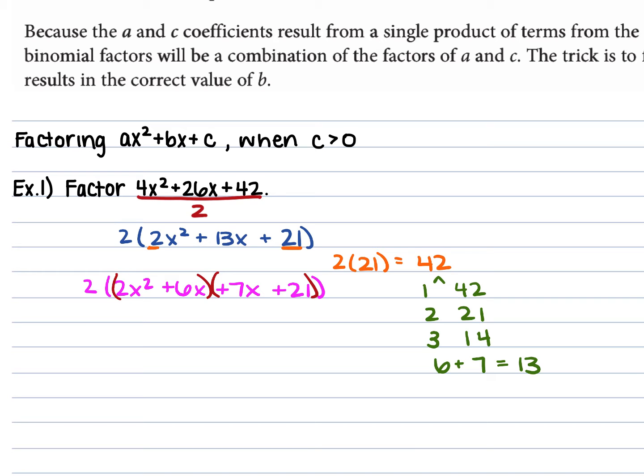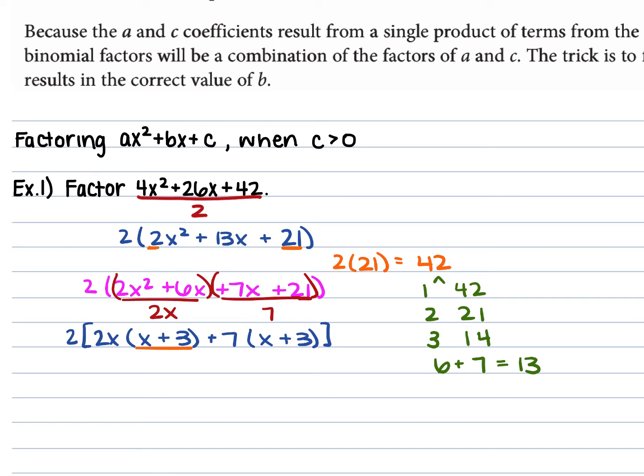Factor out your greatest common factor from each set of parentheses. Between the 2x squared and the 6x, we can factor out a 2x. Between the 7x and the 21, we can factor out a 7. This is going to leave us with 2 times 2x times x plus 3 plus 7 times x plus 3.